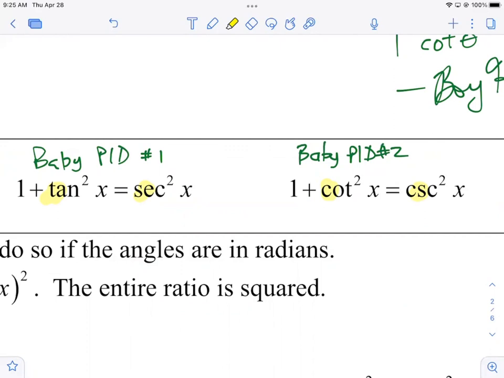All we did to get to baby PID number 2 is put the co-functions in where the functions were. Just add co to both of them. Okay. Looking good, babies. So add co. So memorize those, memorize those, memorize those.